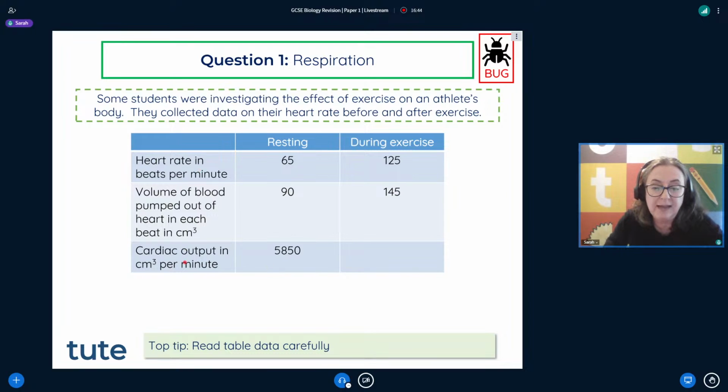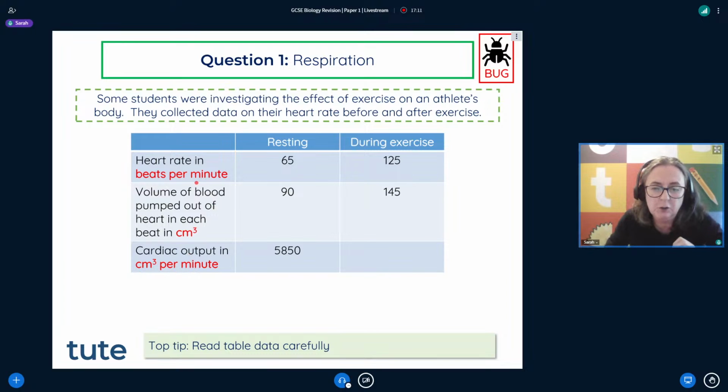On the left-hand side here, we can see that what we're being shown is heart rate, which has been measured in beats per minute, the volume of blood which is pumped out by the heart in each heartbeat, so every time your heart beats, the exact volume of blood that's going to be pumped by your heart, and then something called the cardiac output in centimeters cubed per minute.